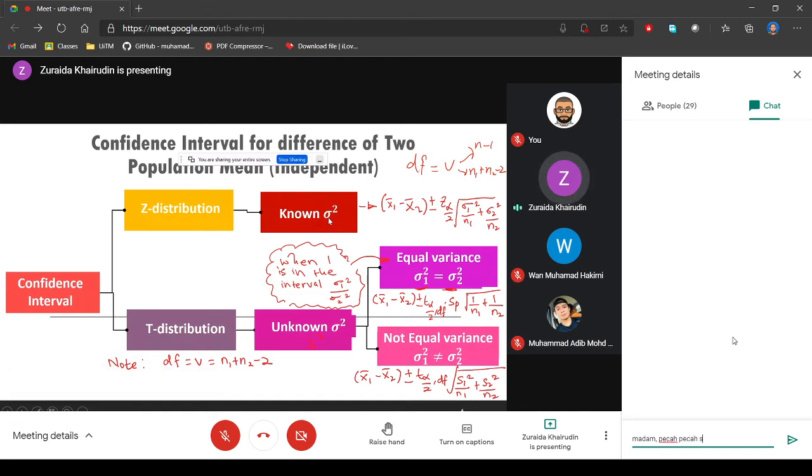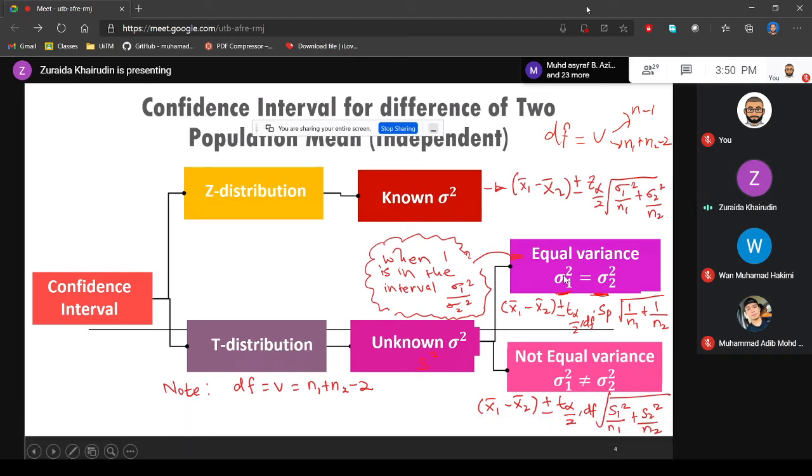You only have information on S square. That means this will be your formula. Okay, so which one formula? Equal variance or not equal variance? So in our previous answers just now, because one is in the interval, we said we will have equal variances. Okay, so you are going to use this formula with SP. SP ni apa? Pool standard deviation.